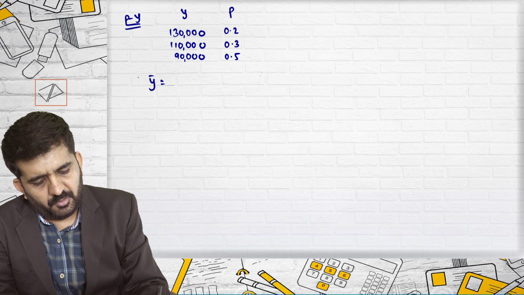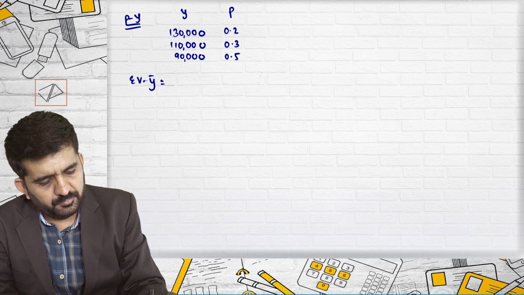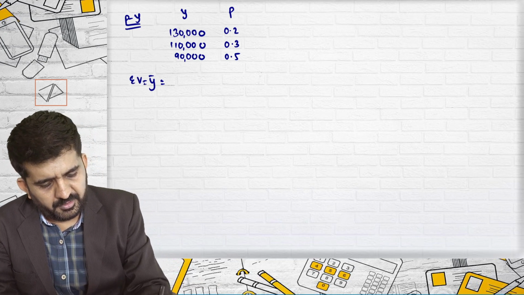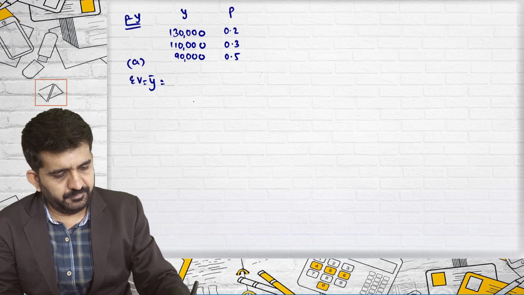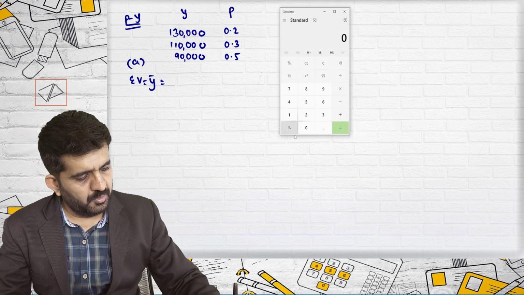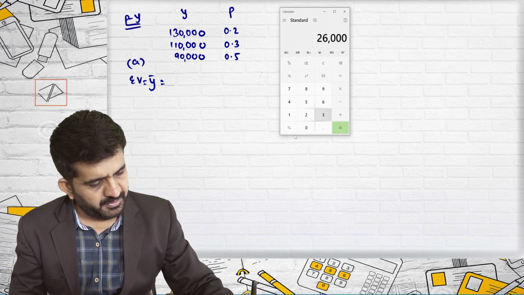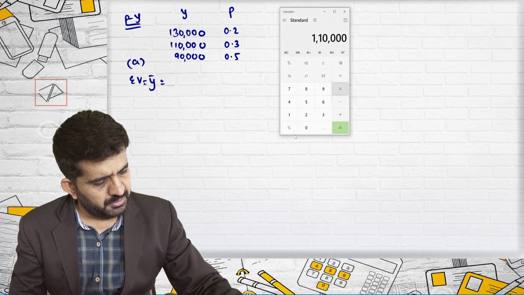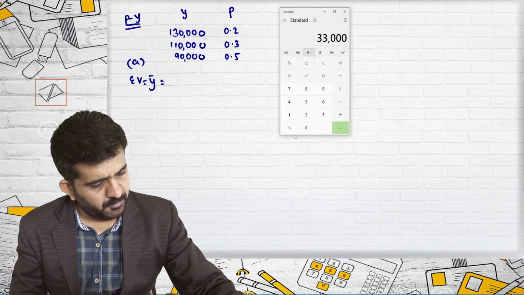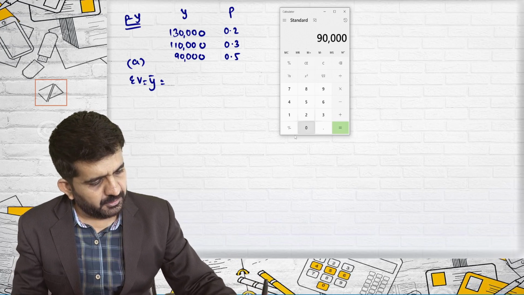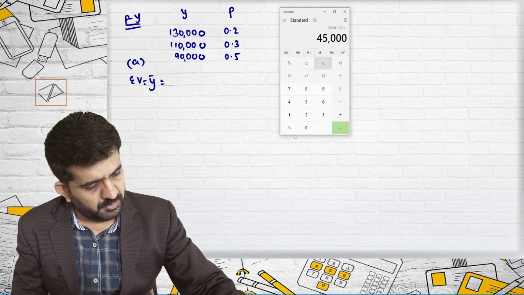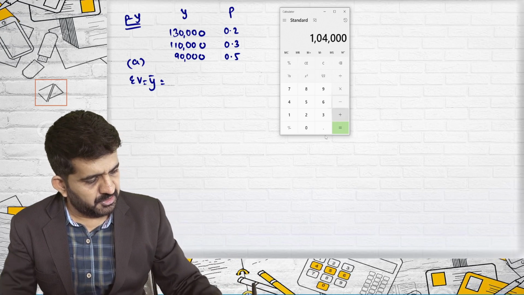Y bar or expected value, or answer A: 1,30,000 into 0.2, plus 1,10,000 into 0.3, plus 90,000 into 0.5. The sum is 1,04,000.